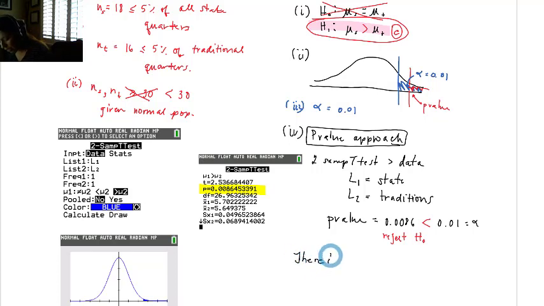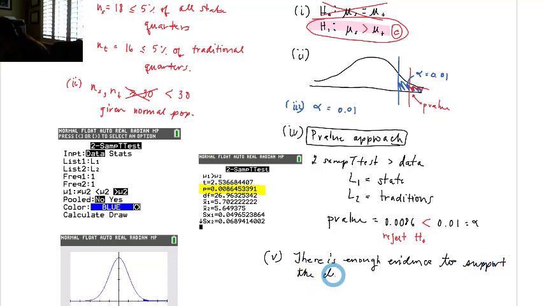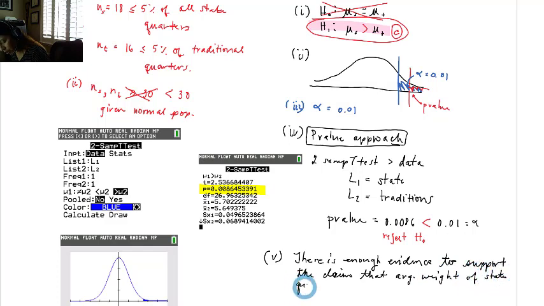So there is enough evidence to support the claim that state quarters, I should say that the average weight of state quarters is more than traditional.